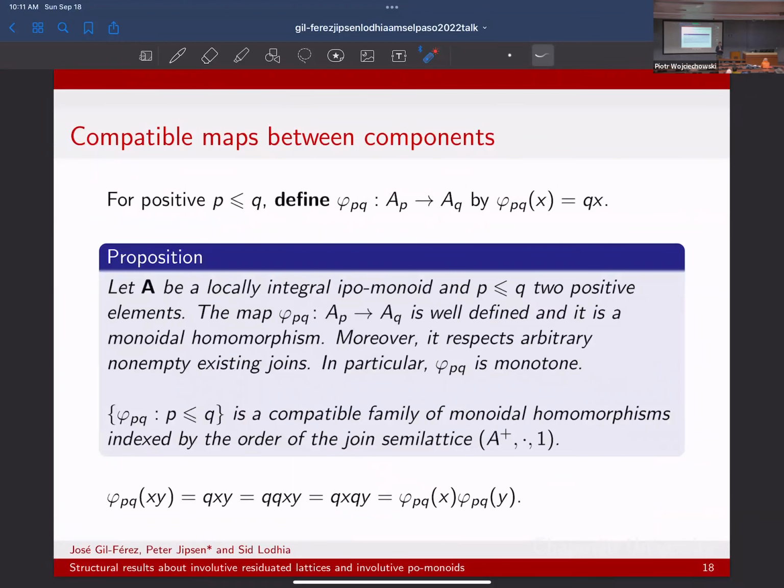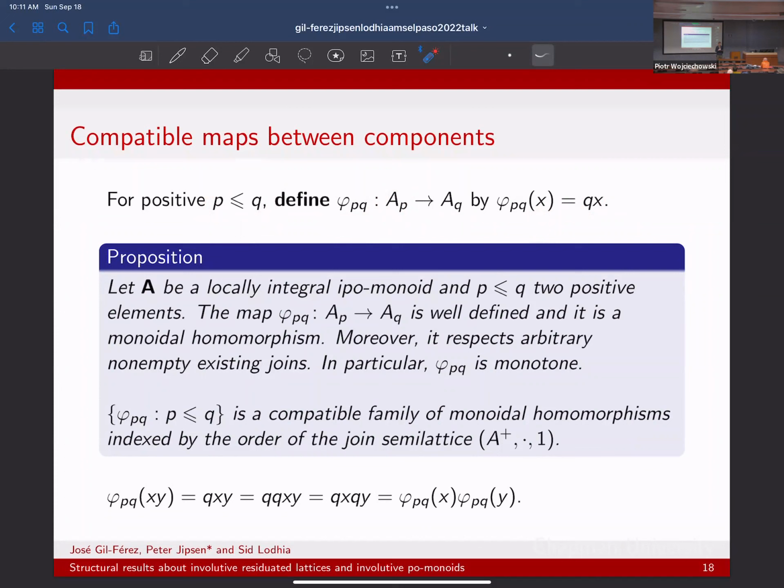For the compatible maps between components, if P is less or equal to Q and both are positive, then we can define a family of homomorphisms from the component P to the component Q by simply taking any element X in the component AP and multiplying it with Q. That's it. That's the connecting homomorphism.